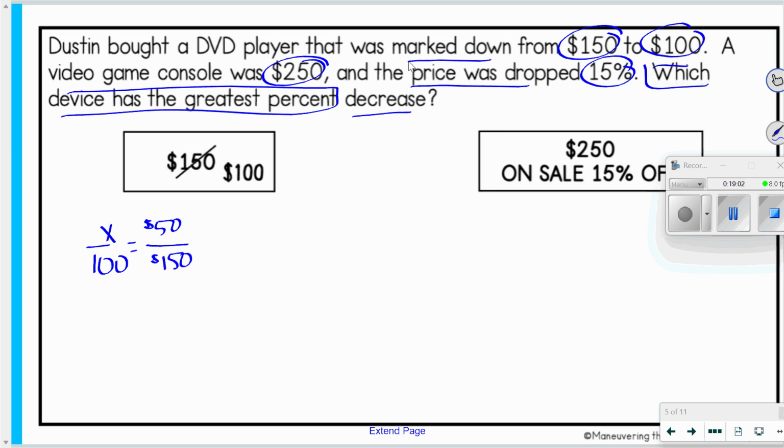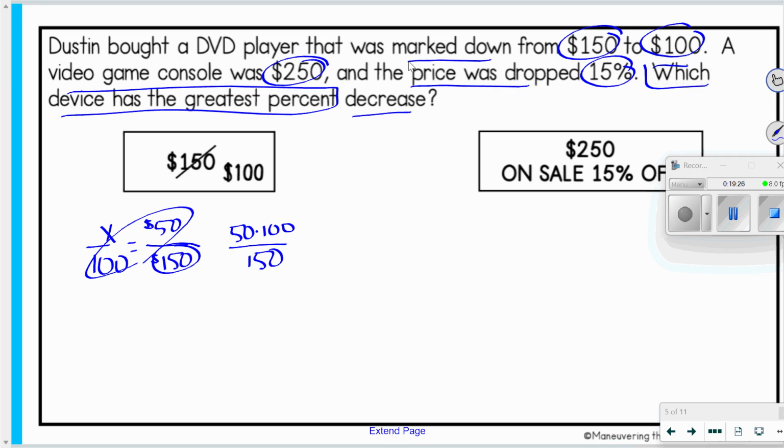What was the original price? 150. Is it easy to go from 150 to 100? Yes. It is, kind of. You're multiplying by 1.5. But looking at the numbers, I'd be like, oh wait, I could probably do this easier cross multiplying because I think there's going to be a lot of reductions on this. So I'm going to say 50 times 100 divided by 150. So here you should see a really easy one, right?